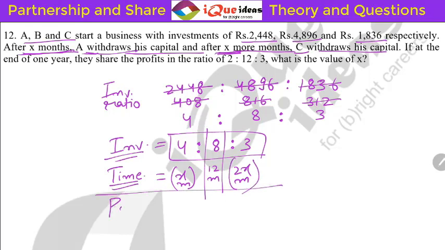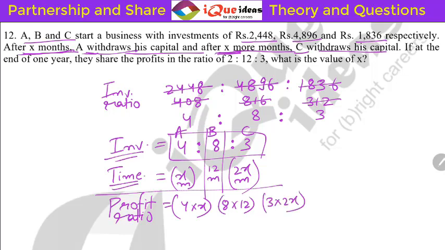So the profit ratio will be the product of investment and time. So 4 for A, this is for A, this is for B, this is for C. So for A it will be 4 into X. For B it will be 8 into 12. And for C it will be 3 into 2X. If you simplify, you can divide by 2 at the max.